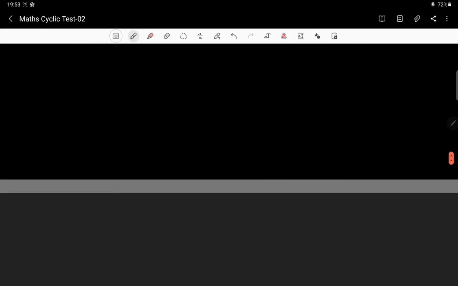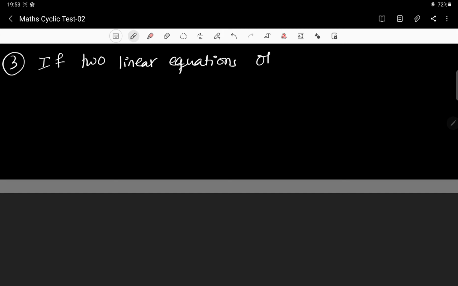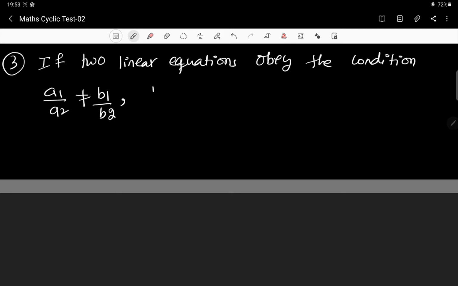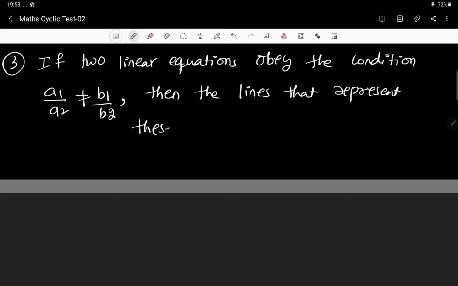All right, moving forward to the third question. Let us have a look at this third question, dear children. The third question is like this: if two linear equations obey the condition a1 by a2 is not equal to b1 by b2, then the lines that represent these equations are.